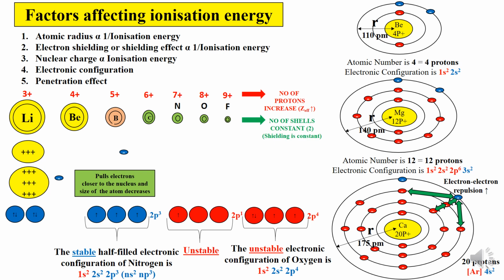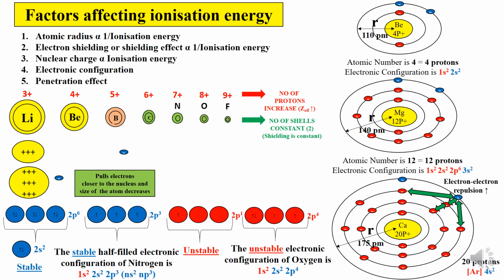So you can easily remove the valence electrons in case of calcium because of the increase in shielding effect, while it will be difficult to remove the valence electrons in case of beryllium because of less shielding. So less energy will be required in case of calcium and more energy will be required in case of beryllium because of the shielding effect. So the shielding effect is inversely proportional to the ionization energy. Shielding effect increases, ionization energy decreases.